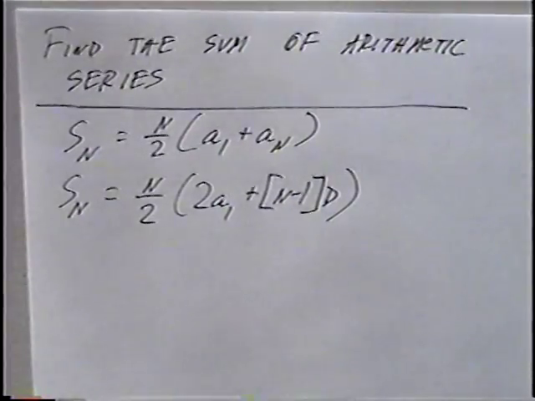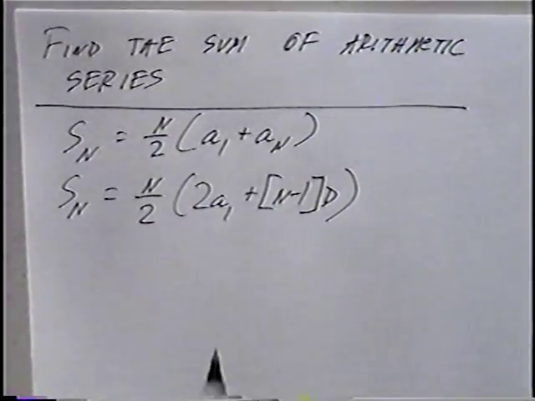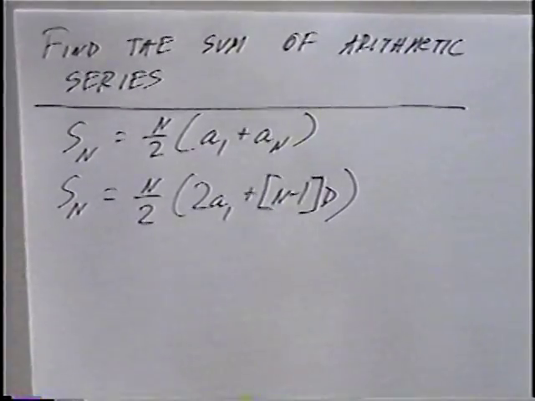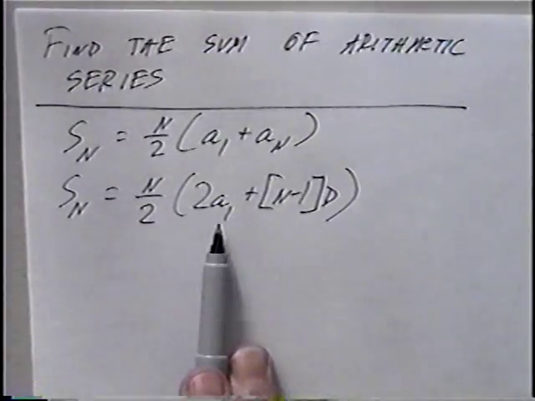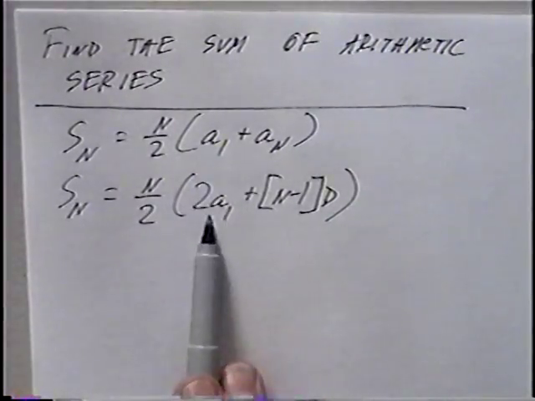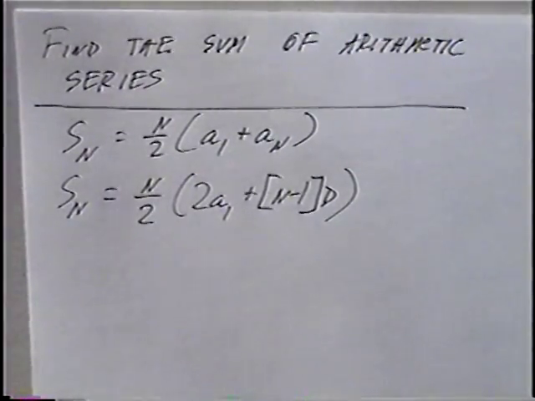So two different formulas, both find the same value, the sum of the arithmetic sequence. The first formula uses the first term and last term, whereas the second formula uses the first term and then the difference. So depending on which variables you know, you can use either formula to solve the question.